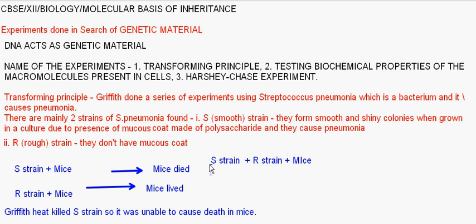As a result, again the mice died. So Griffith decided that the S strain somehow transformed its properties to the R strain.